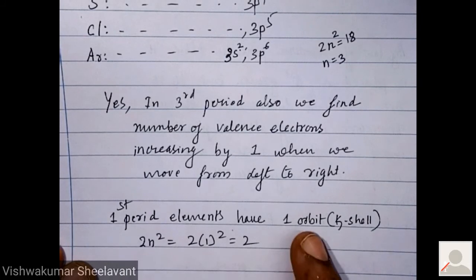Since the number of orbits in the first period is restricted to 1, by the 2n square formula we can place only 2 electrons in the first orbit.